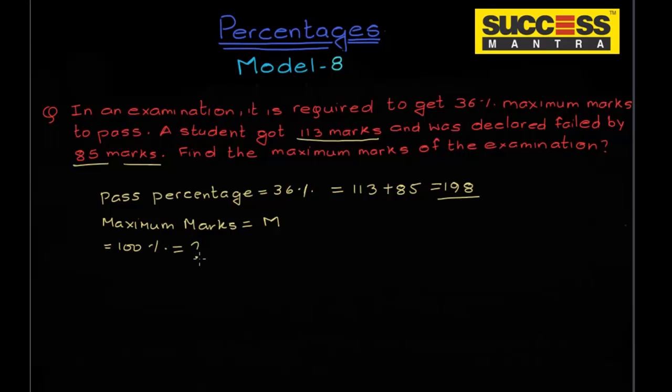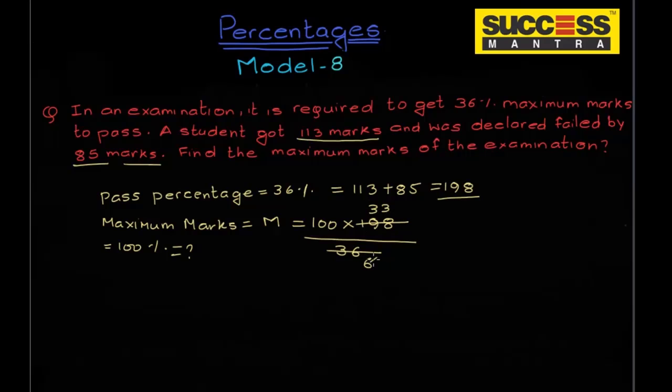By cross multiplication, we get M equals 100 into 198 divided by 36. 6 sixes are 36, and 6 taken 33 times gives 198.